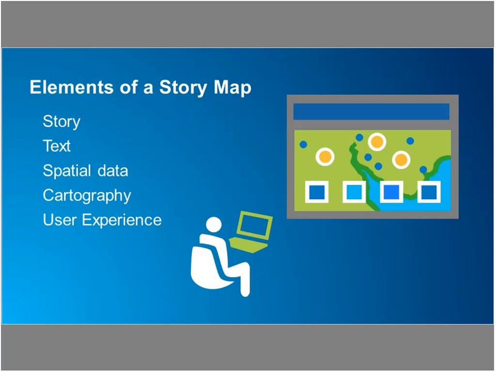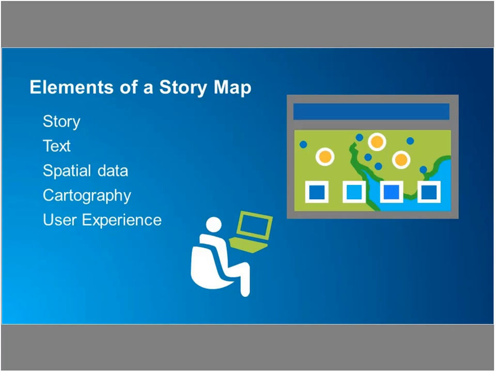So there are a variety of templates available for you to use, and although story maps may vary, there are still 5 underlying elements of a story map that are consistent with every single type of template. The first one is the story, and this is a concept or message that the map wishes to convey. The next is the text, which serves as a narrator or a guide that helps the user interpret the map.